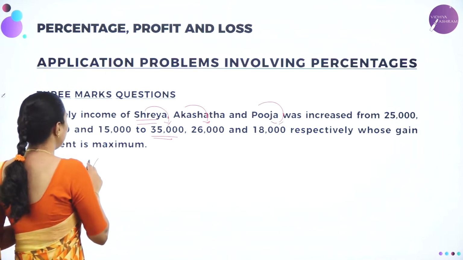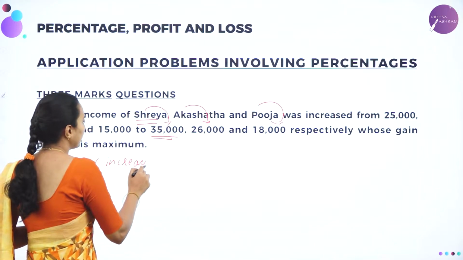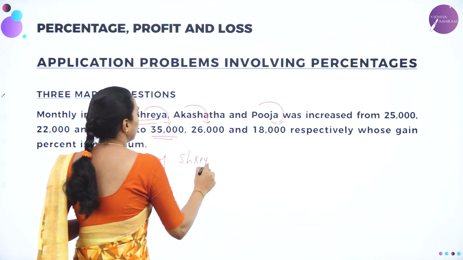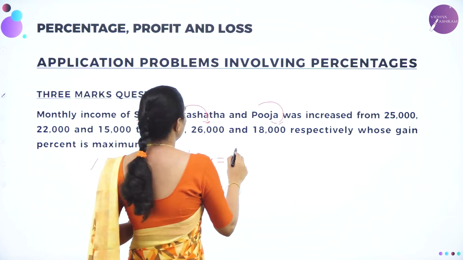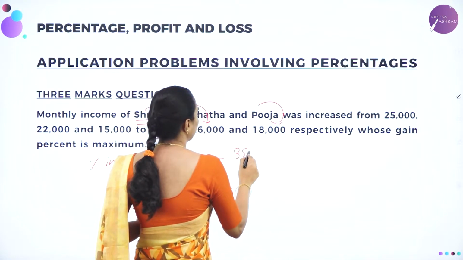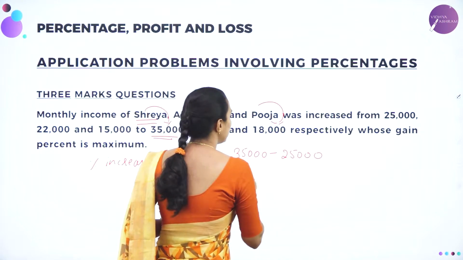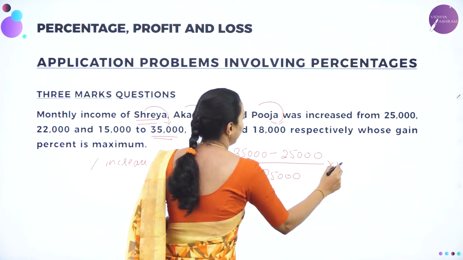Gain. So percentage increase of Shreya will be equal to 35,000 minus 25,000, so the initial value was 25,000, into 100.